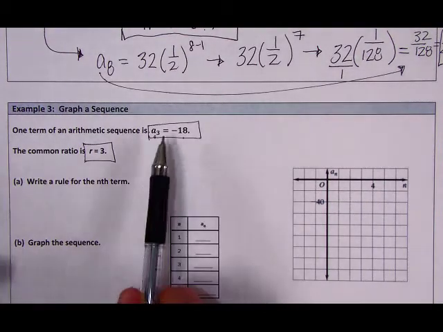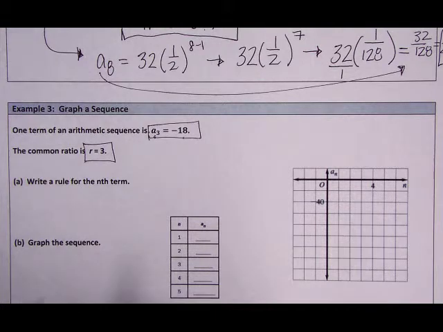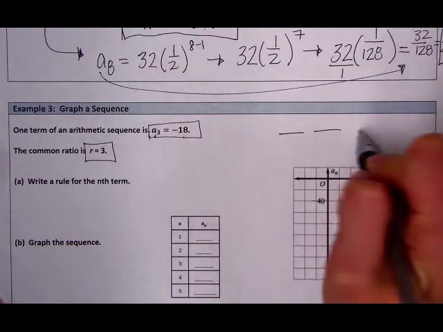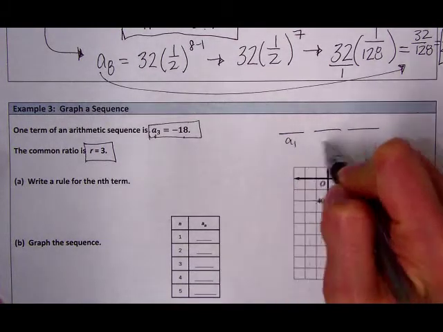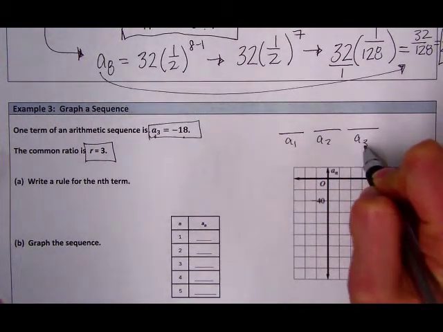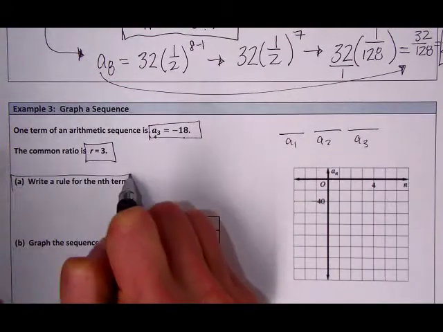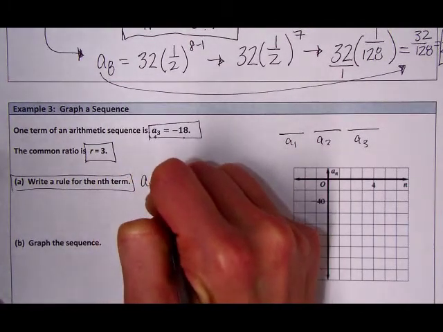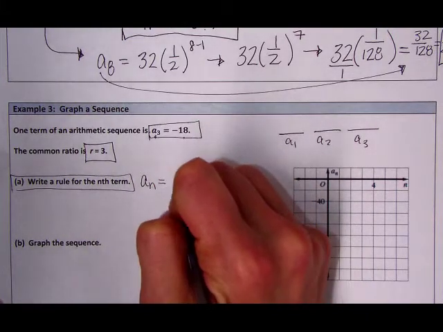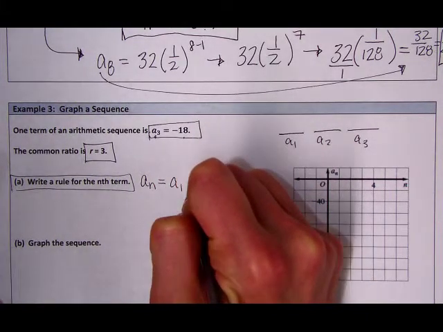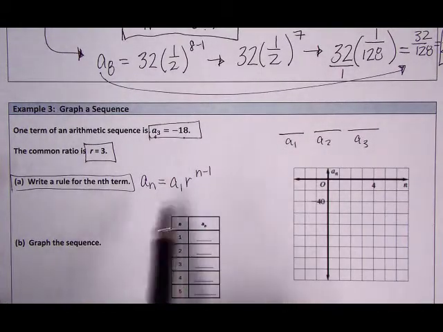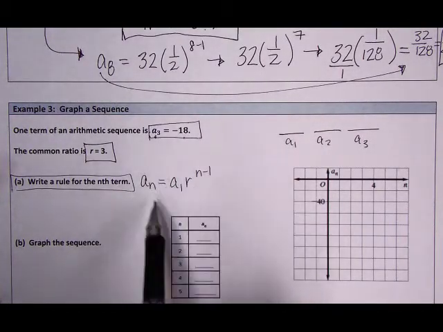Since it's my third term, I can space this out and find it by just drawing it out. I could do that up here. My third term, so this is a sub 1, a sub 2, a sub 3. If I want to find my rule, I know I need to plug in a sub n is equal to a sub 1 times r to the n minus 1. So in order to find my rule, I have to know what a sub 1 is.